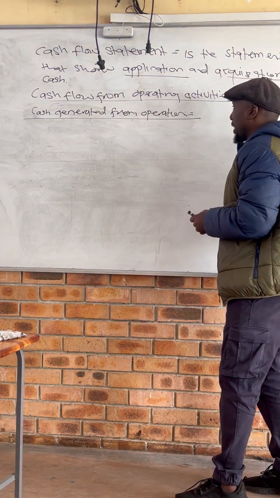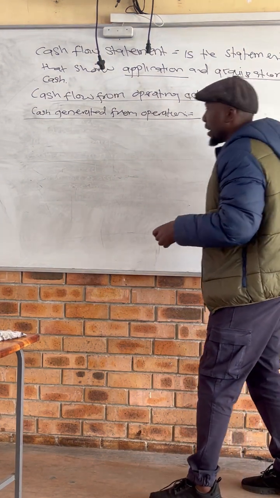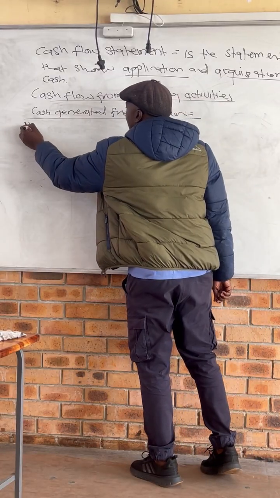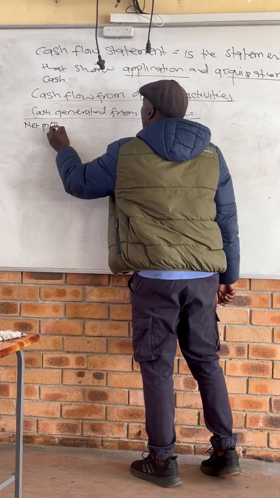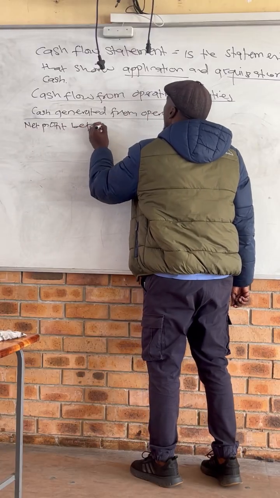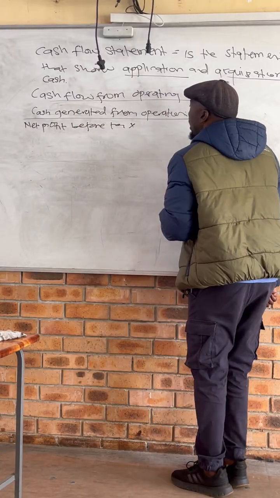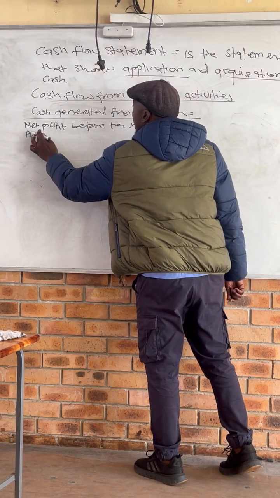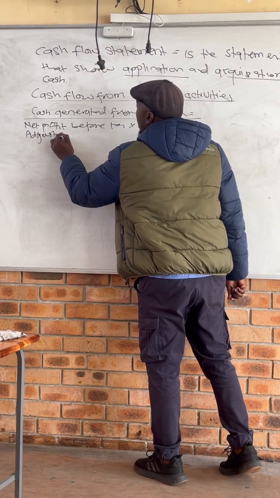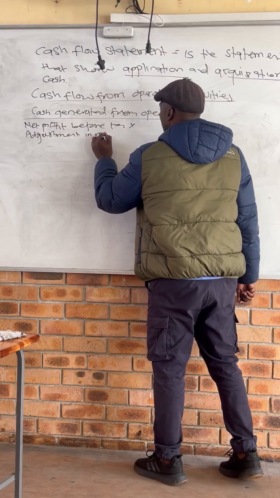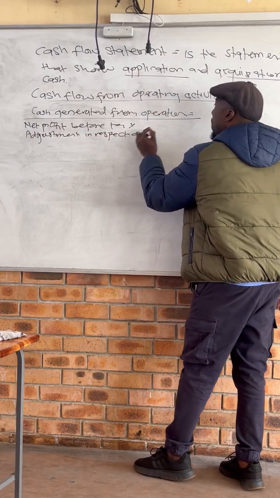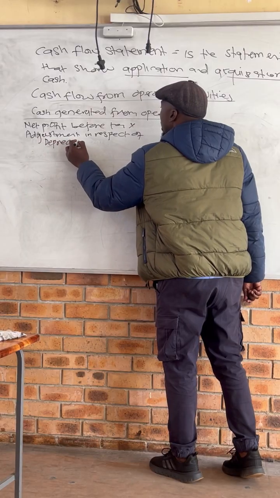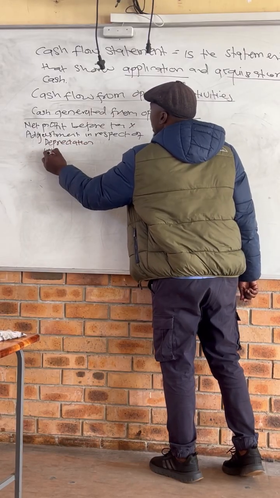Now we are getting cash generated from operations. What do we have under this note? Number one, net profit before tax. And then what else? We have adjustments in respect of: number one, depreciation, and then we have interest.